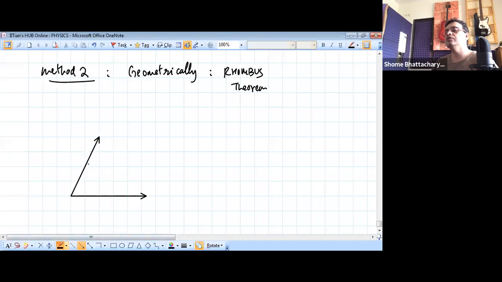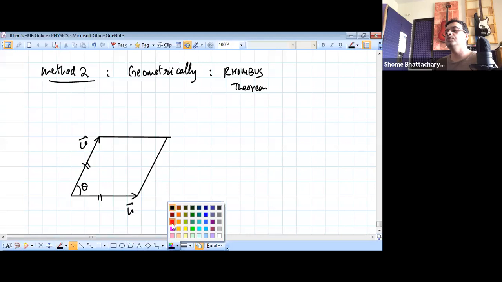So only if this side is equal to this side, whatever be the angle theta, then the diagonals of this parallelogram, which is going to reduce to a rhombus actually, will be perpendicular. That is the condition here for u plus v and u minus v to be perpendicular.